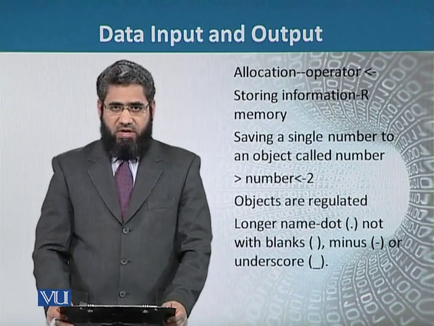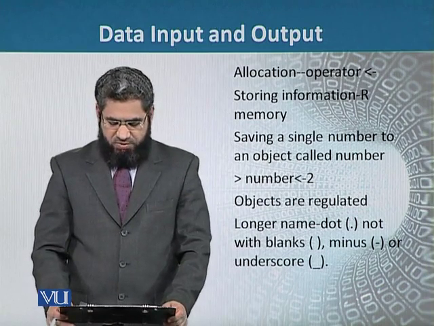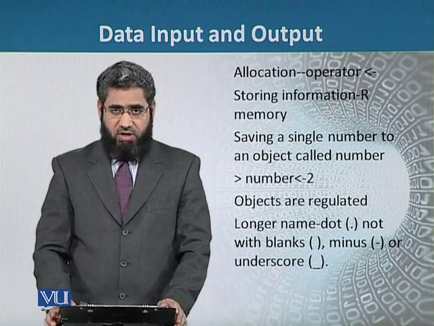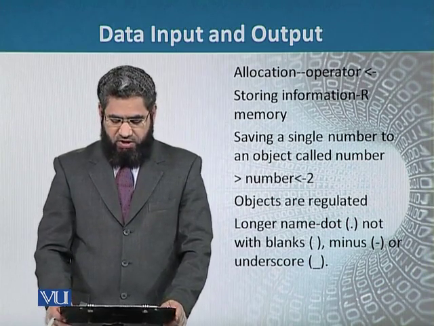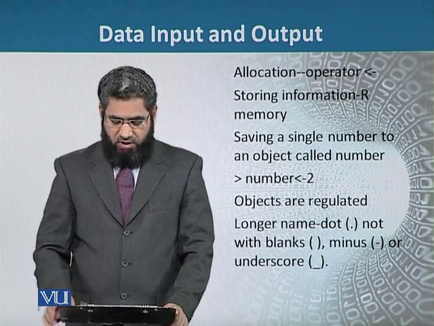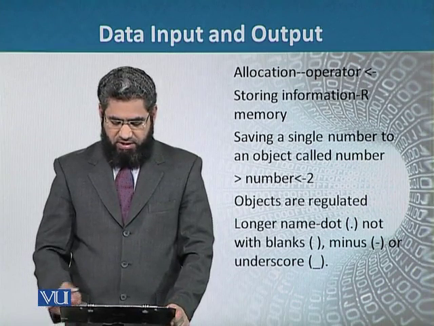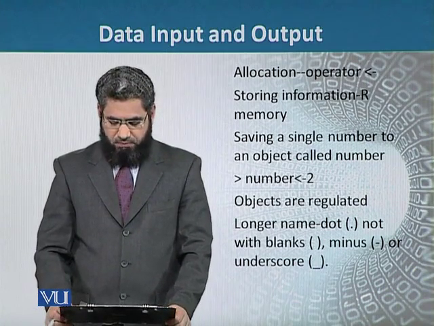So if we want to save a single number, 2, to an object called number, then we write number, the allocation operator, and then 2.